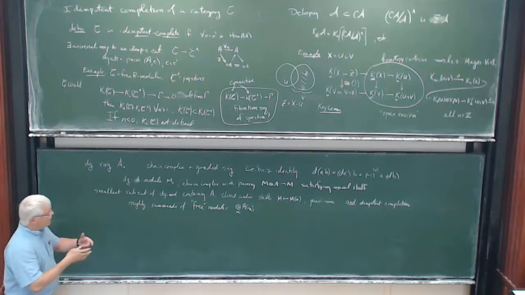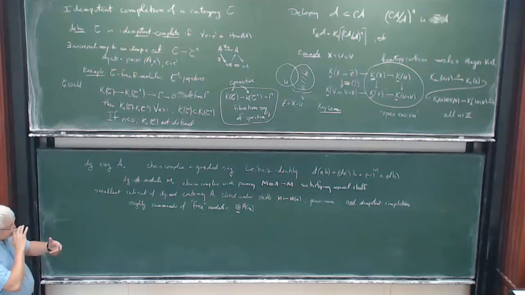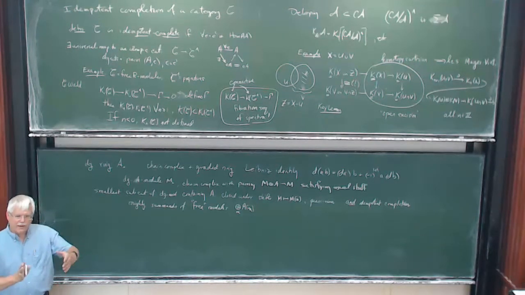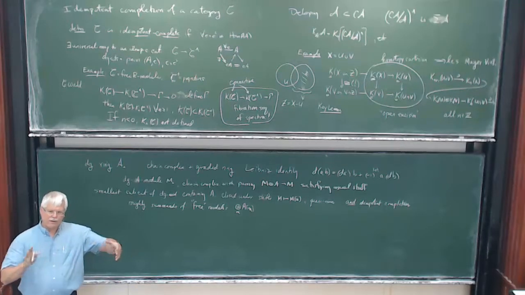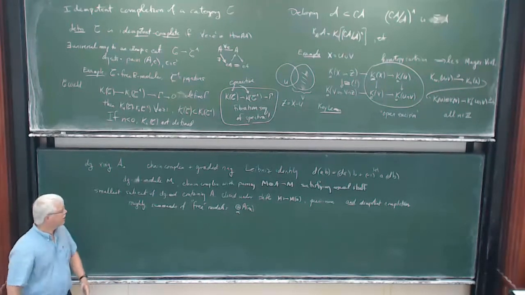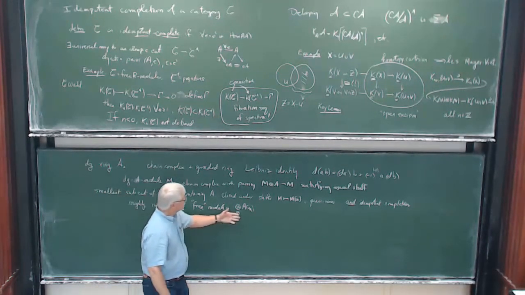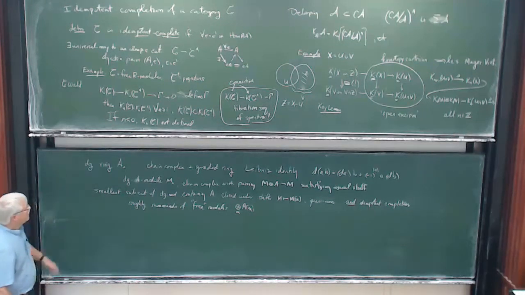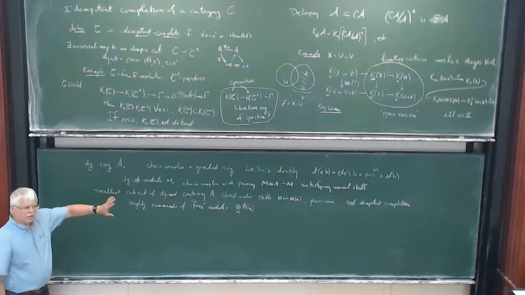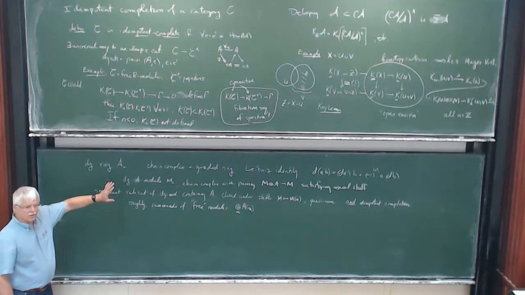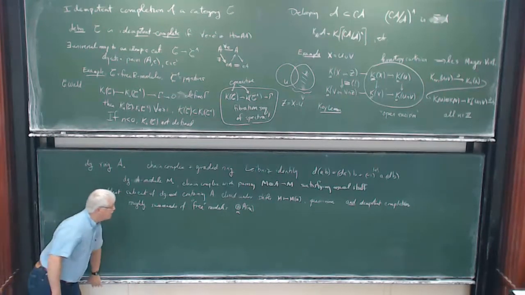So if you take a bunch of copies of A, you might shift them, then you would think of that as being a free graded object, and it can have summands, and those summands are going to be perfect. So this is the generalization to differential graded algebras of the notion of perfect that I gave yesterday.